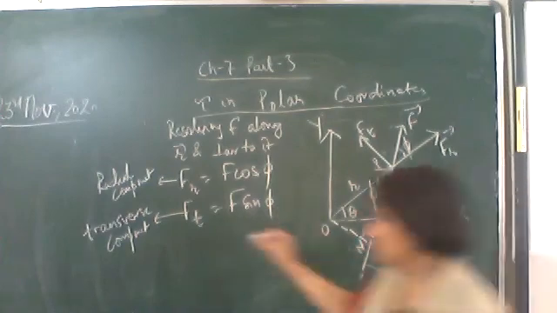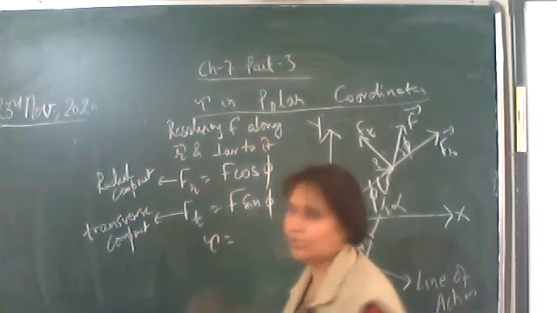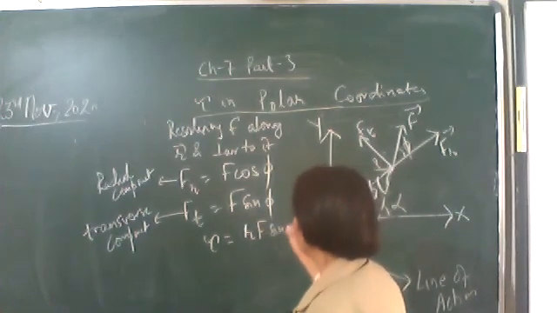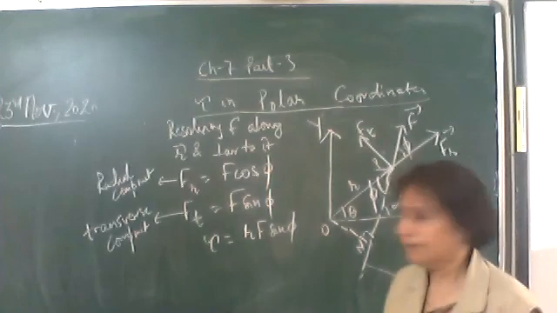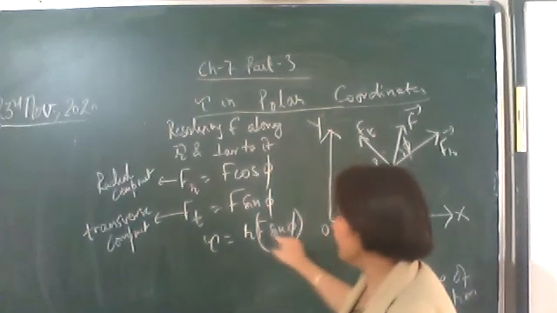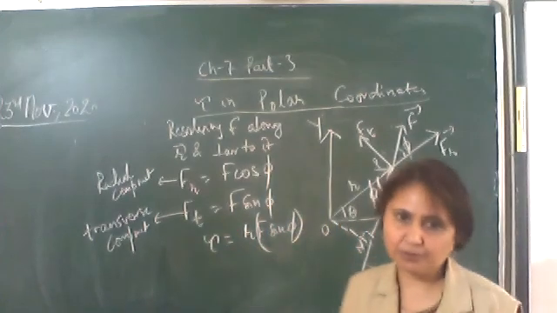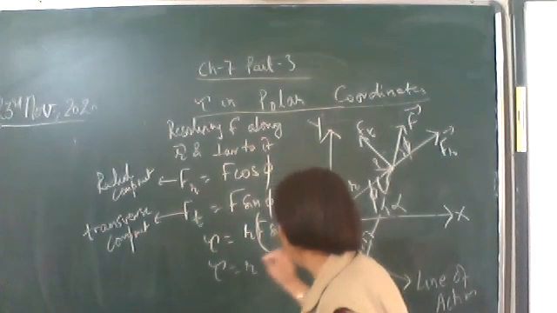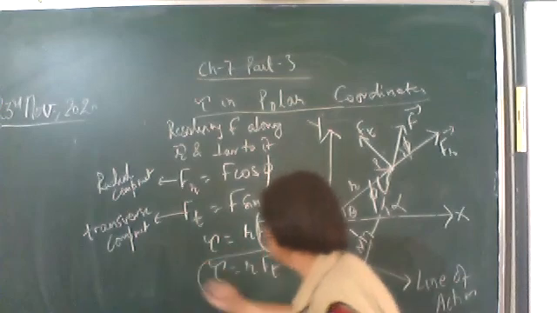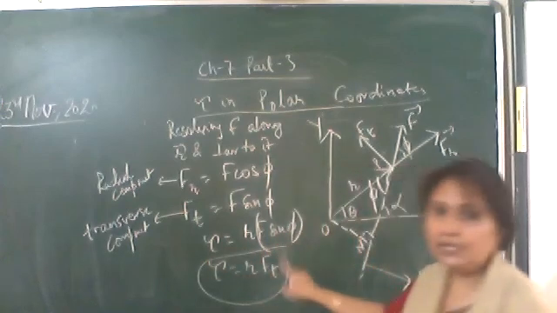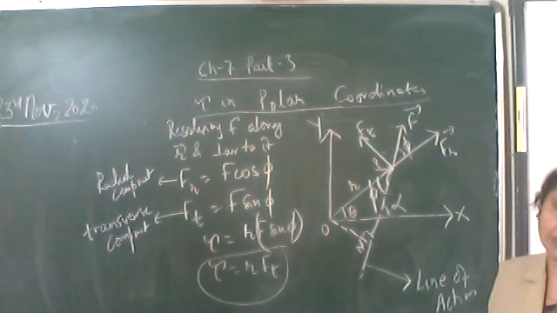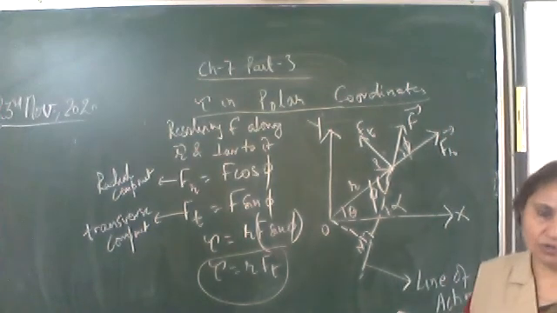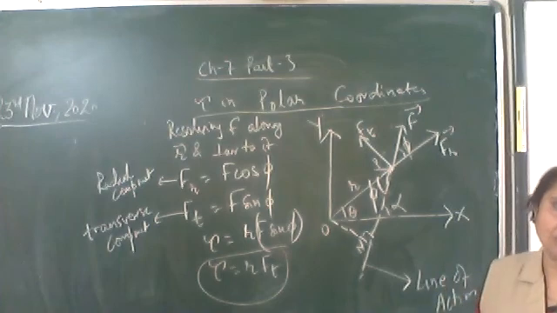Now let's come back to the equation. Tau in polar coordinates is given by r F into sine phi. So what is this F sine phi? This is the transverse component of force. So tau is equal to r into Ft. That is, tau is only due to the transverse component of the force. Due to the radial component, no tau is there. The tau is 0.